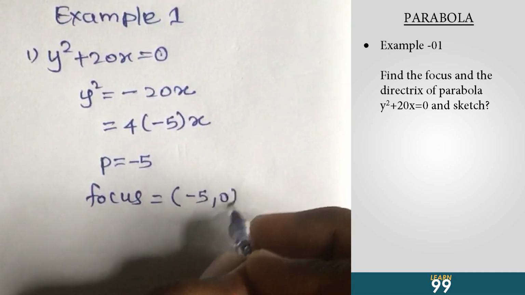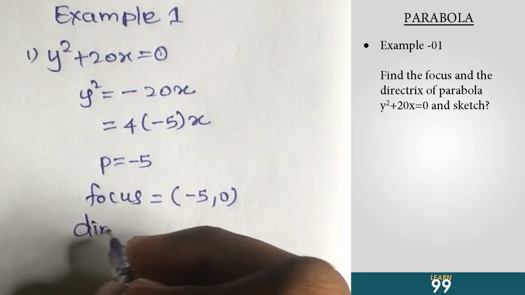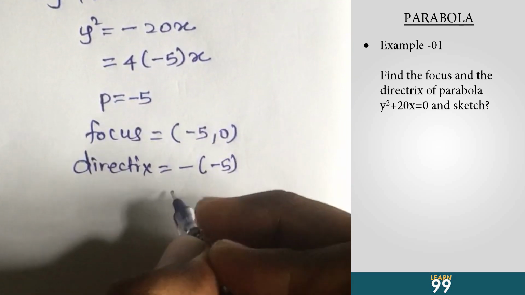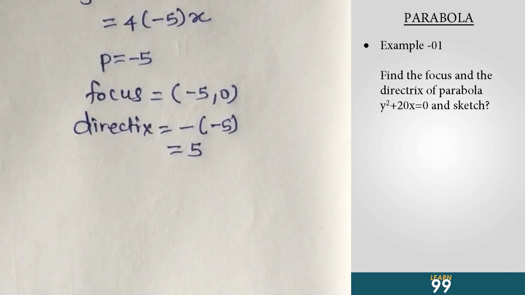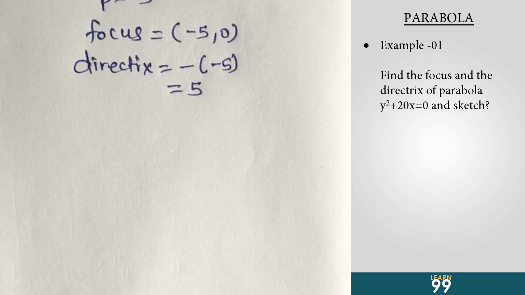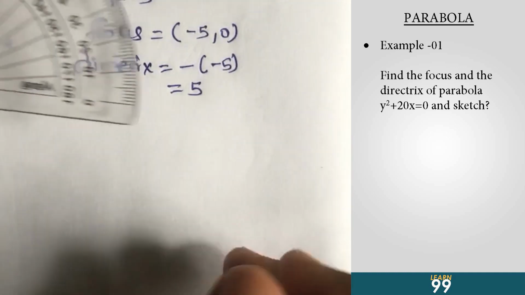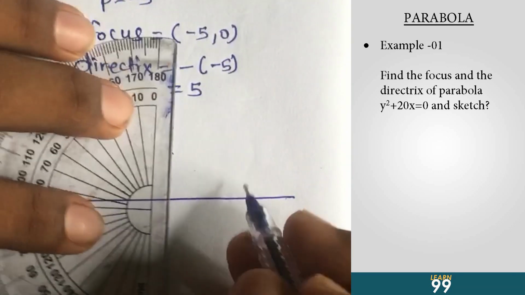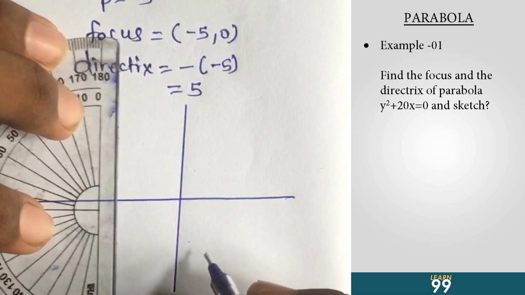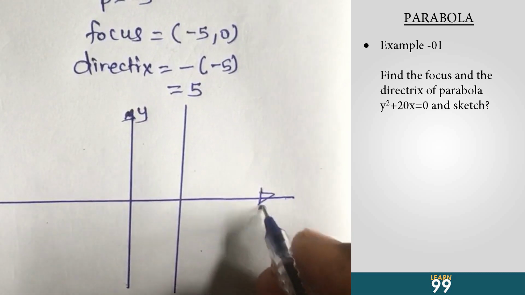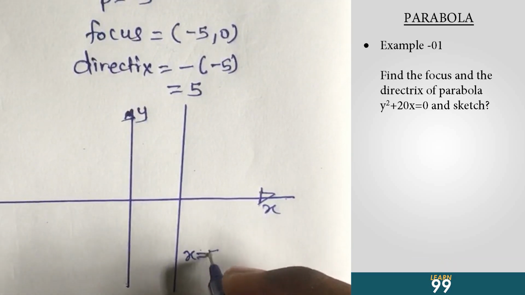You can simply memorize that the degrees should be equal, such that our focus should be on x. Okay, then we can change that 20 into 4 times minus 5 when we take it to the other side. When it is minus 5, our focus is (minus 5, 0), and our directrix is x equals minus p. So minus times minus 5 is 5.